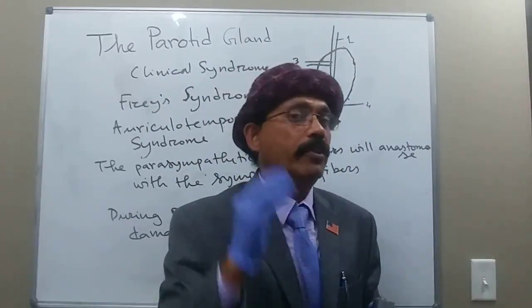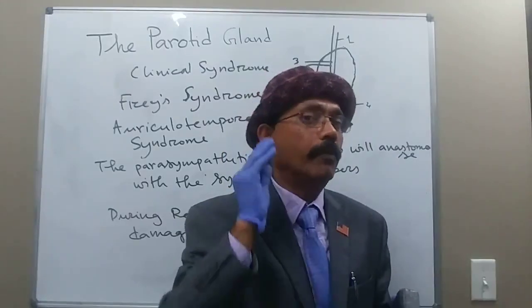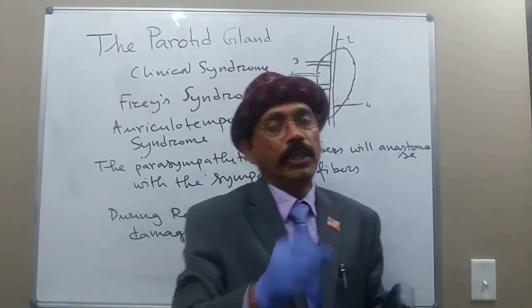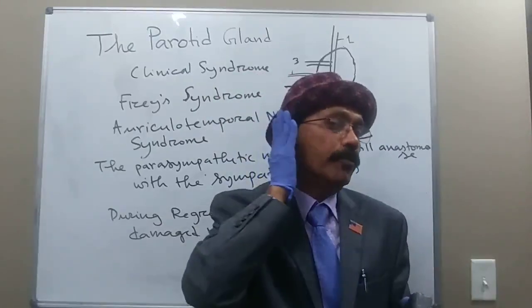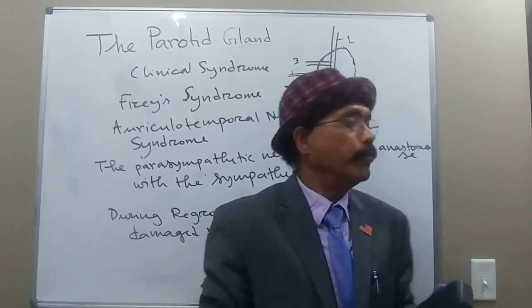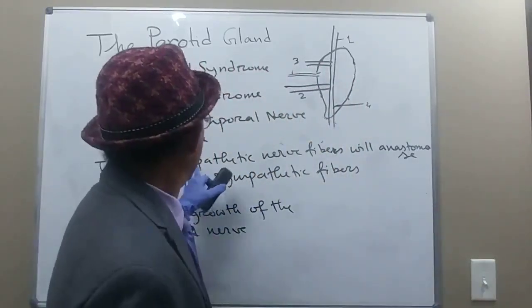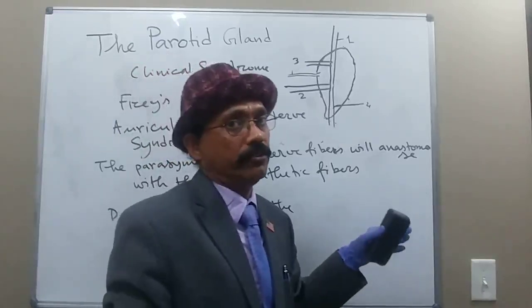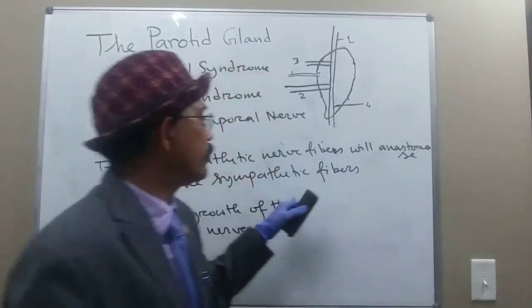Sympathetic fibers are also present in the great auricular nerve, supplying the sweat gland. So when the person attempts to eat something, there will be excessive sweating around the auricle, because the parasympathetic stimulation is connected to the sympathetic nerve fibers during regeneration of the damaged nerve.